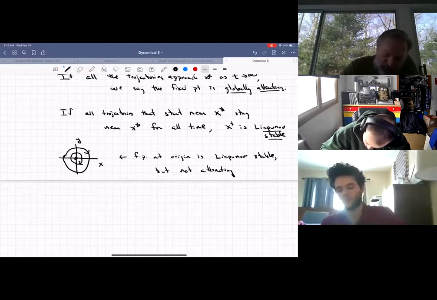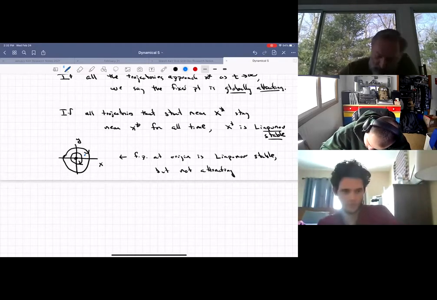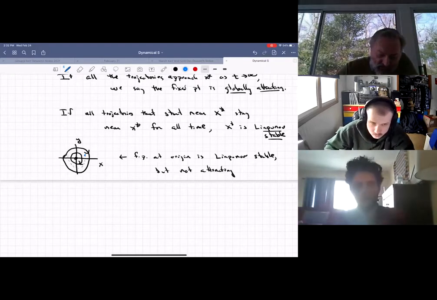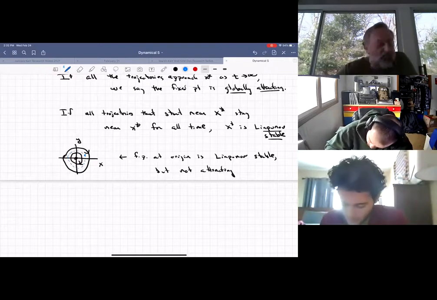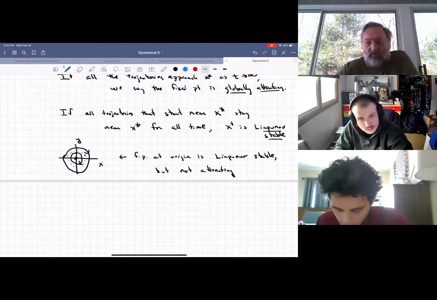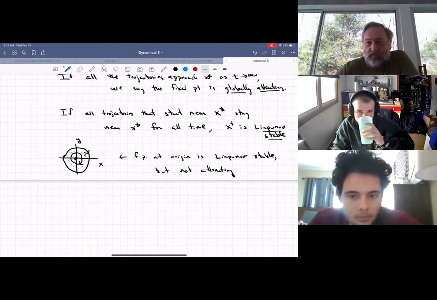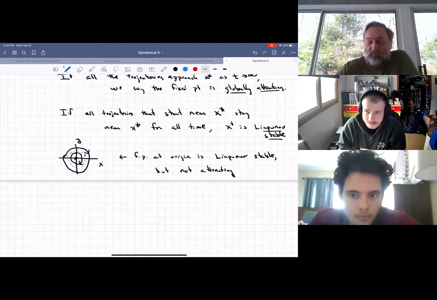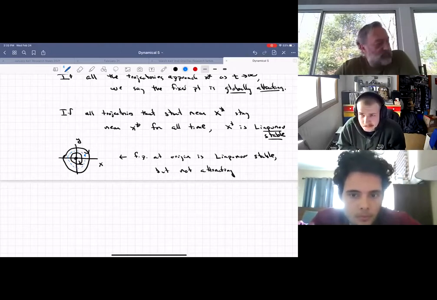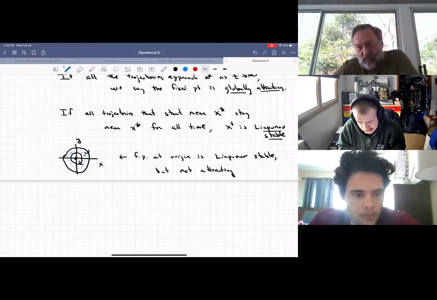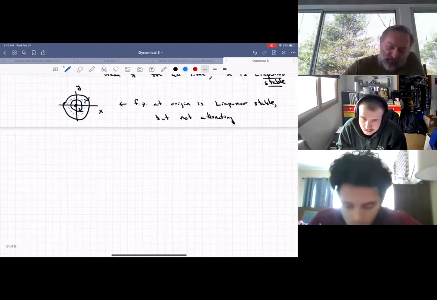In other words, if I pick a point over here, the trajectory of that phase point stays near the fixed point, but is not attracted to it. So this phase portrait is Lyapunov stable, but not attracting. Okay, so it's possible to be attracting, it's possible to be Lyapunov stable, but then of course it's possible to be both.